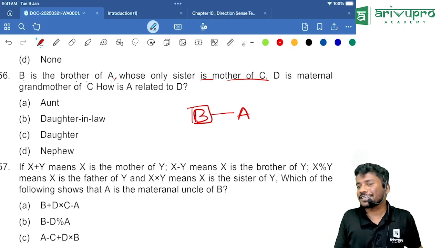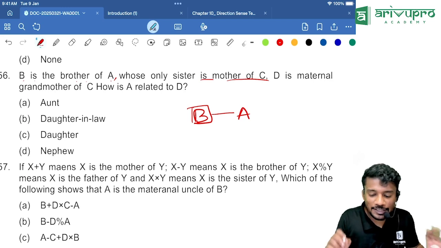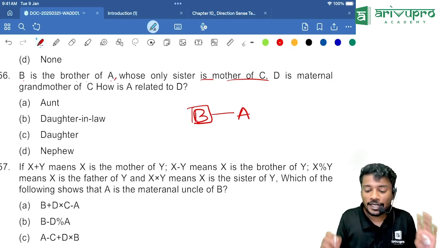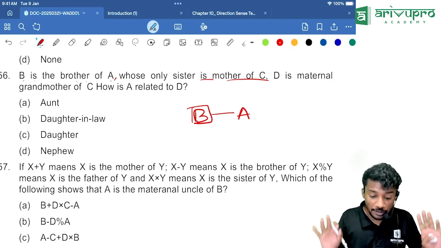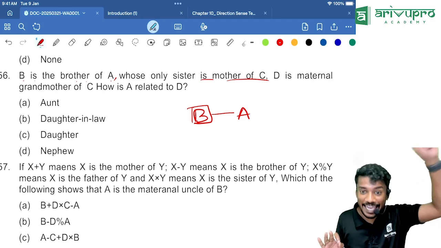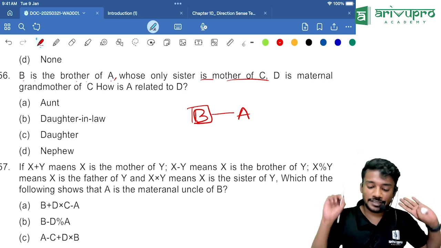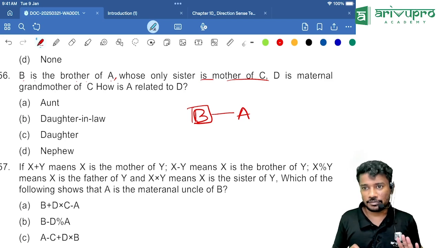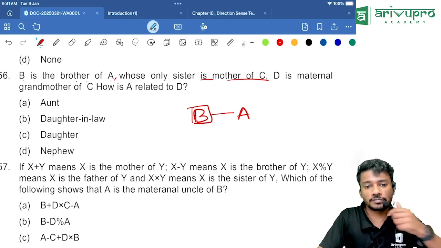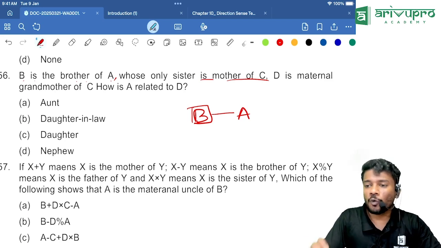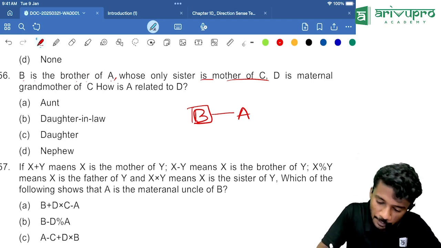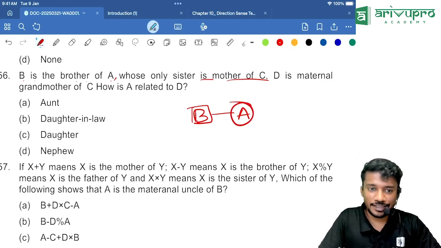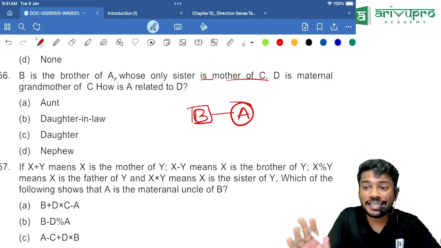But the question is B is the brother of A. Who is the sister? So actually what they are trying to imply here is A is the sister herself. Yes. The question is not properly given.